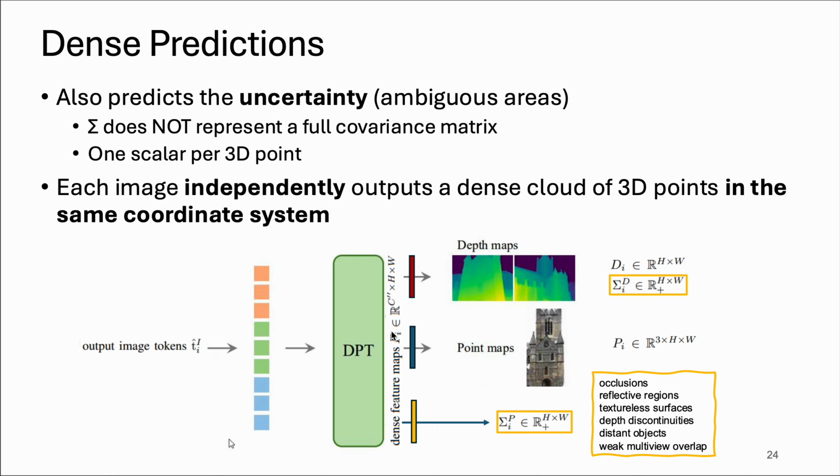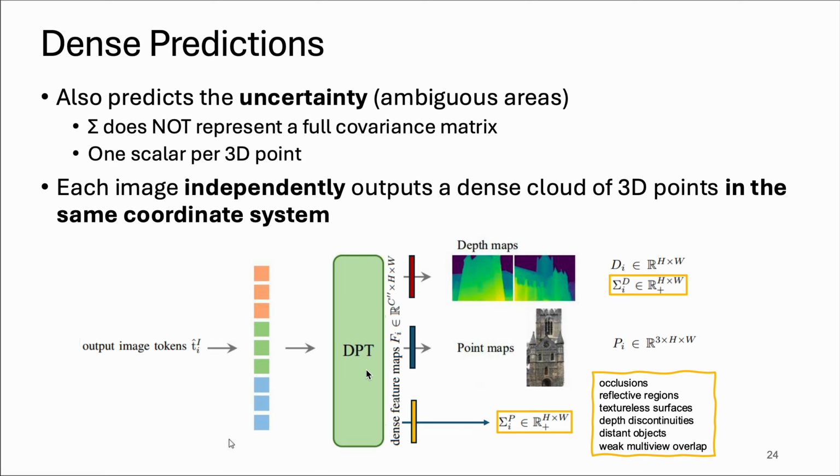So let's go back to VGGT. Given all of the image tokens that come from the AA module, the camera tokens are fed through the camera model, and the image tokens are fed through the DPT module.